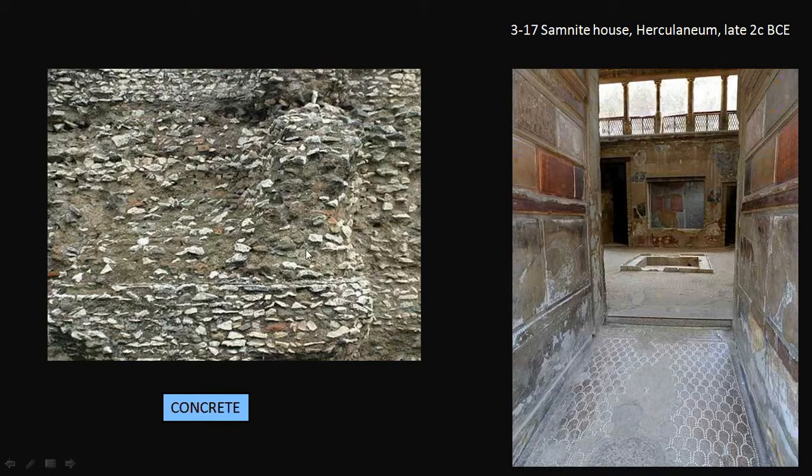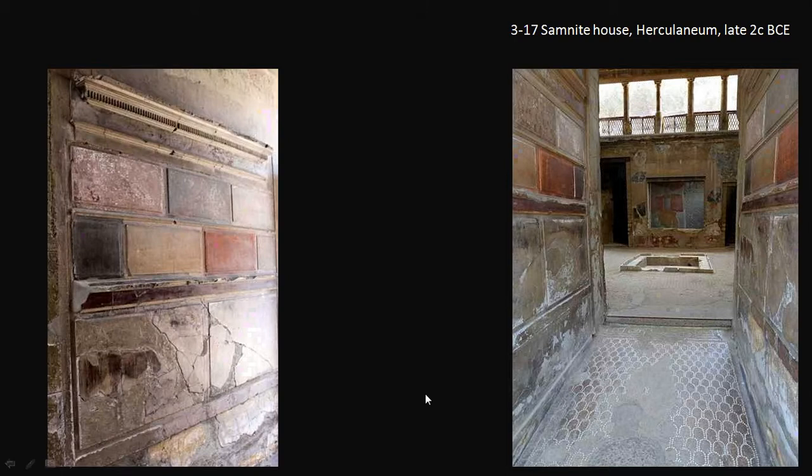The problem is, of course, that it's somewhat ugly, as you can see with this exposed concrete. And so what the Romans did was they covered it with painted plaster. The earliest Roman wall decorations tried to look like marble slabs. They basically molded the plaster so that it sat up in 3 dimensions and looked as if there were thin slabs of marble placed up against the wall. But this is all trickery.